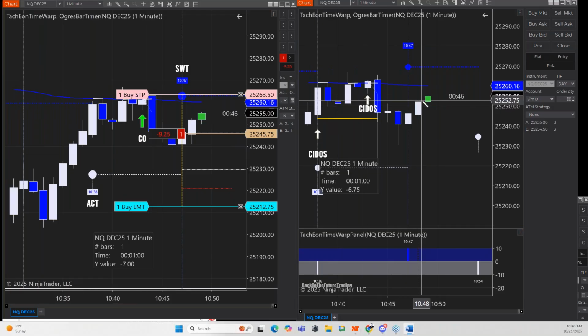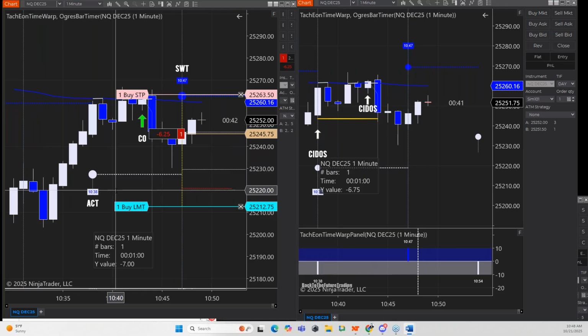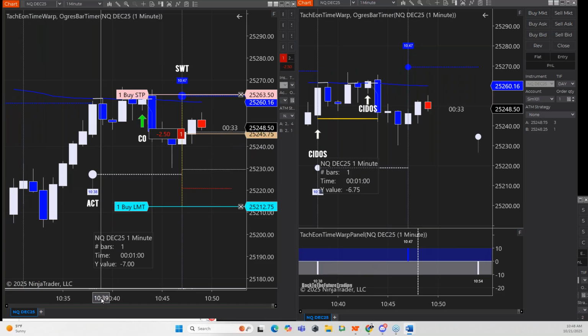No CETOS yet on 1047, high close at 1048. Again, level 4 students notice the move up at 1047 and not down. We'll talk more about that on Thursday.